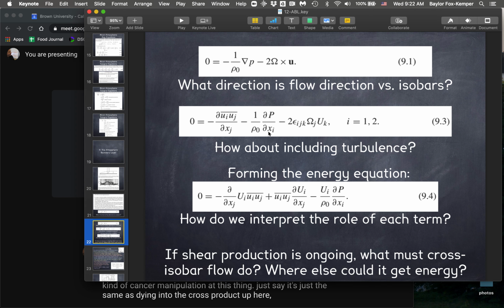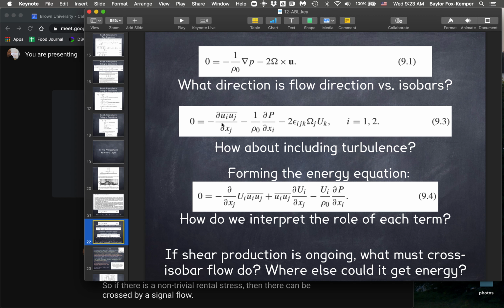But U_i dot grad P now has something it could balance against. In fact, you get an equation where the Reynolds stress dotted into the mean shear balances the cross isopycnal flow. So if there is a non-trivial Reynolds stress, then there can be cross isopycnal flow.